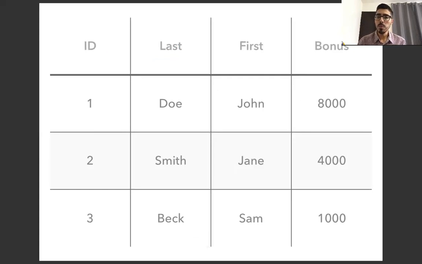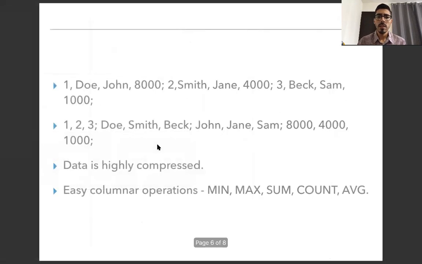Let's say, let me move out of the way, that we have this table, right? With an ID column, last name column, first name, and the bonus we're going to give to each of these. Pretty straightforward, nothing fancy here. Now, let's say we want to write this table back to the S3.